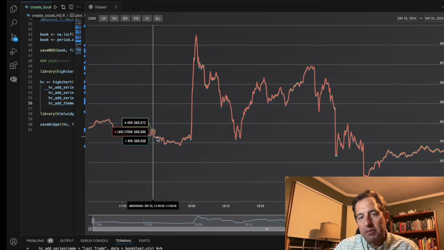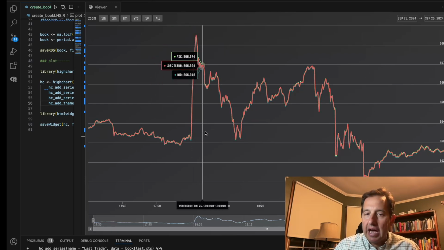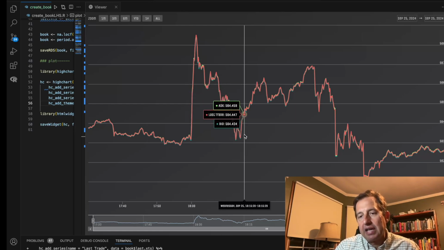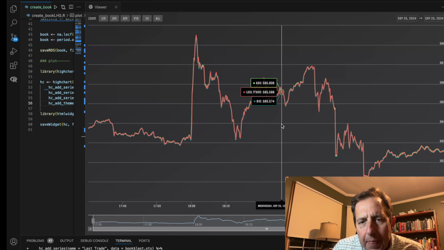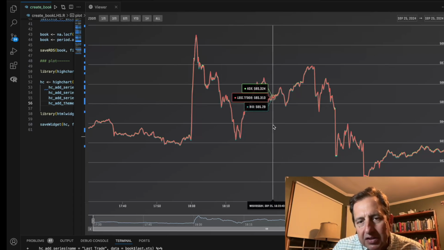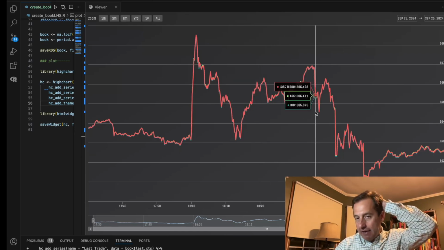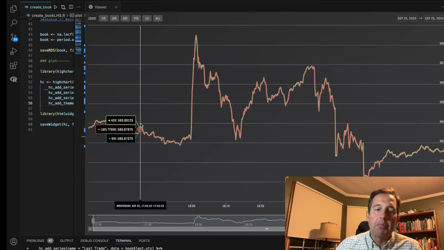Low transaction costs before, very high transaction costs immediately after. Transaction costs can stay elevated for some time. Going out to here, we're at 5 cents. If I took an average, I'd say they're probably a couple cents above the pre-event average.